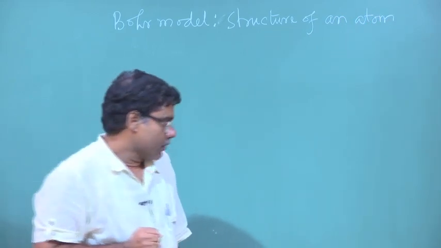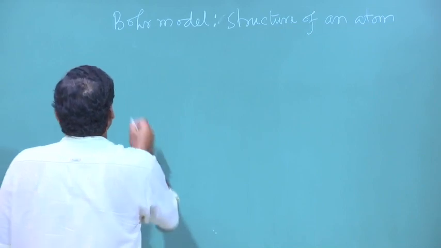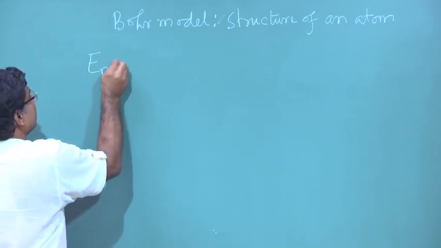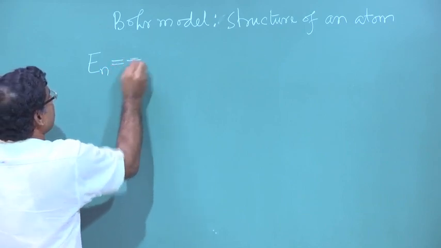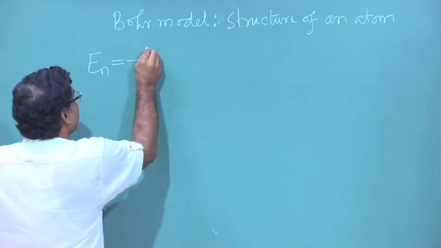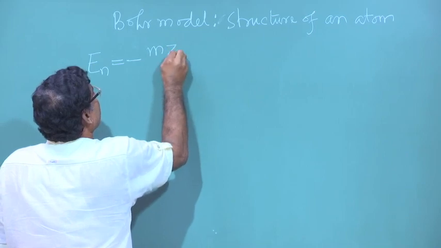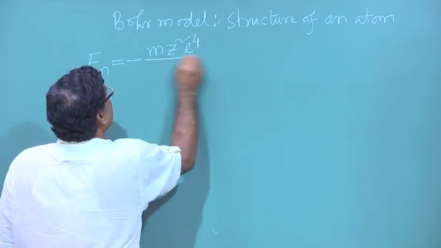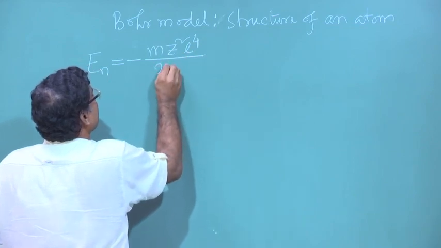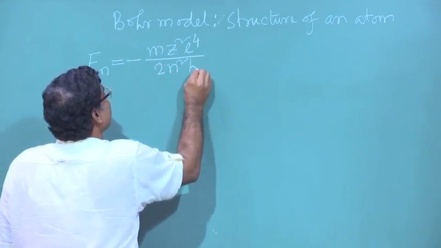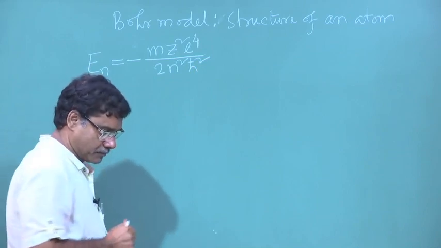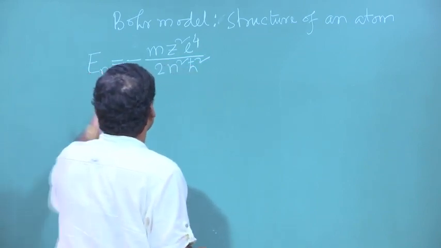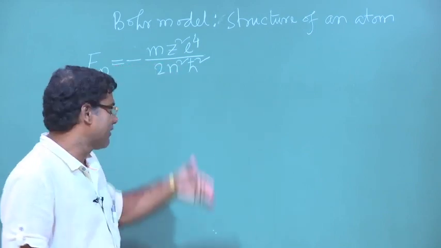What we have seen is the energy expression En equal to minus m Z square e to the power 4 divided by 2 n square h cross square. So that is the energy levels.